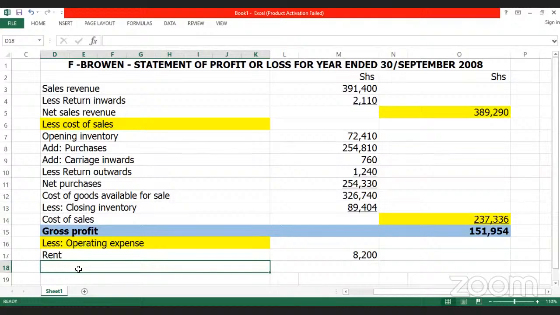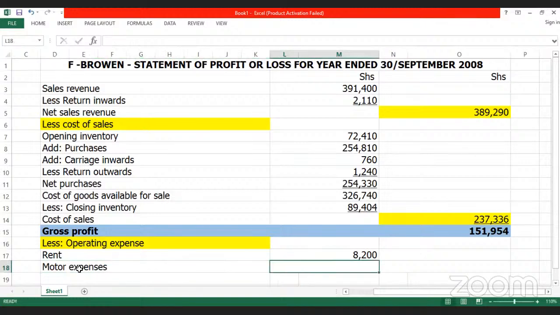Motor expenses. How much are the motor expenses? 1,490. Then what else do we have?